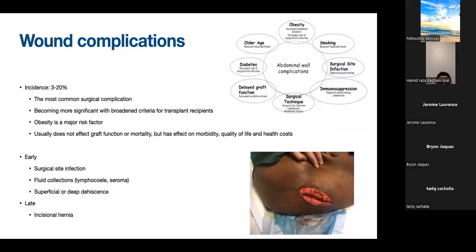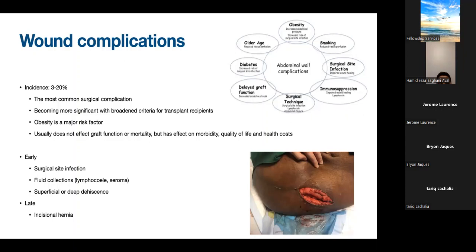The incidence of wound complications overall: they're the most common surgical complication in transplantation, and they're becoming more and more significant as the criteria for who gets a transplant broaden. Obesity is a major risk factor and something that we'll touch on throughout the talk. As I said, it usually doesn't affect graft function, but can affect morbidity, quality of life, and also health costs.